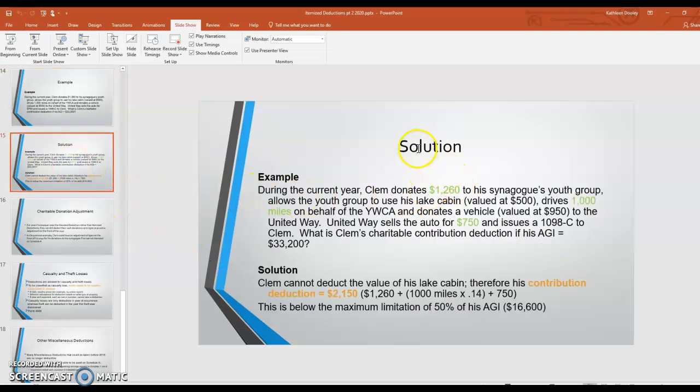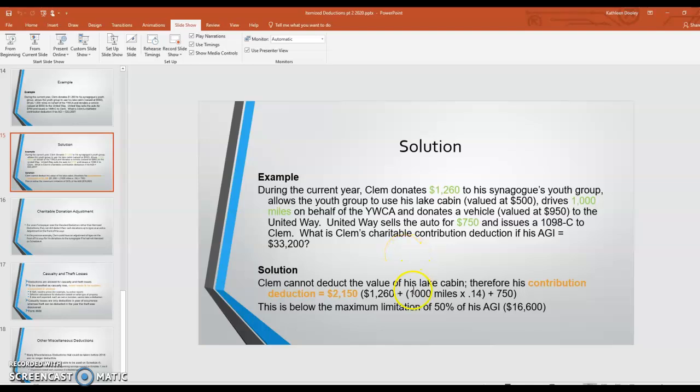So we look at the solution. The $12.60 is deductible, the 1,000 miles is deductible, and the current rate for that mileage, by the way, is 14 cents a mile. Okay, and the $750 that United Way sold the auto for is deductible as a contribution.